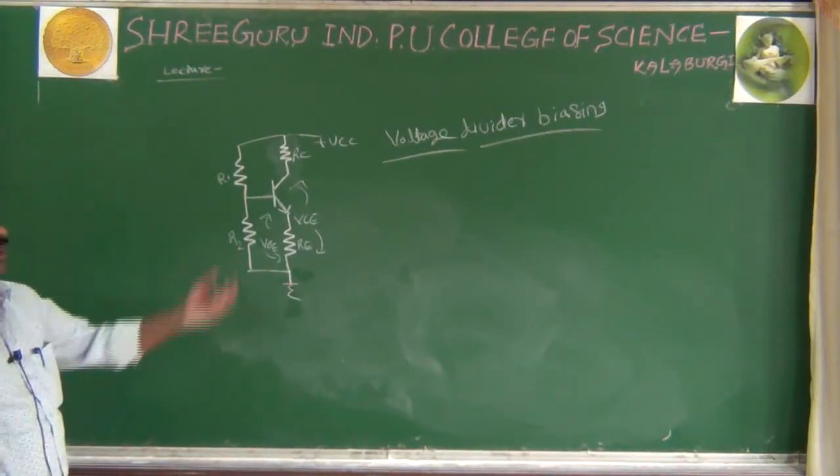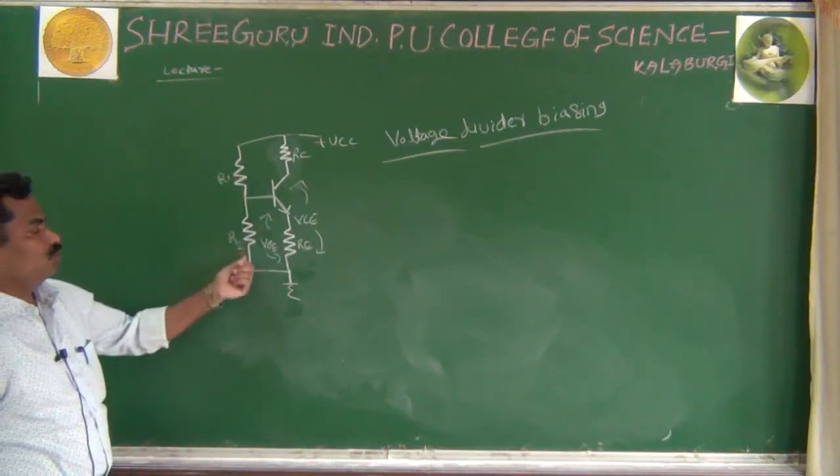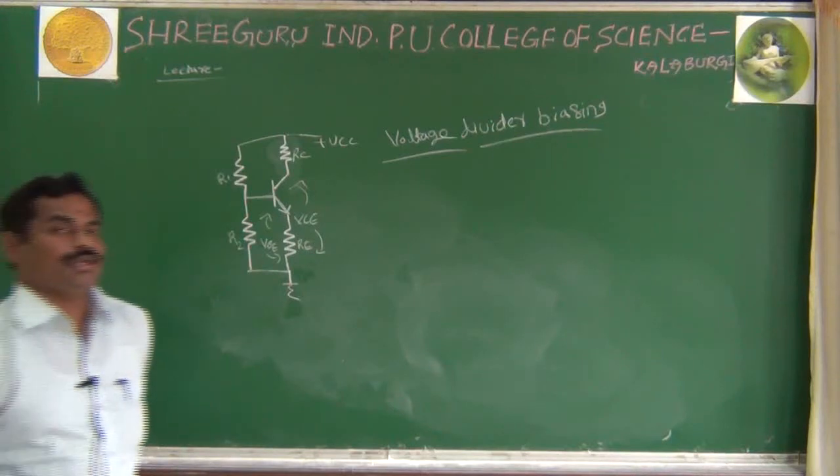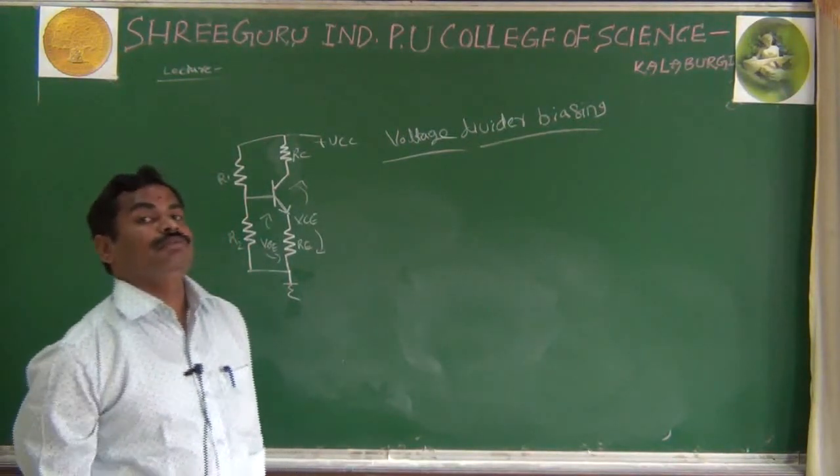It means you are using the resistors R1 and R2, they are in series, and we know already if the resistors are in series, we can divide the voltage.